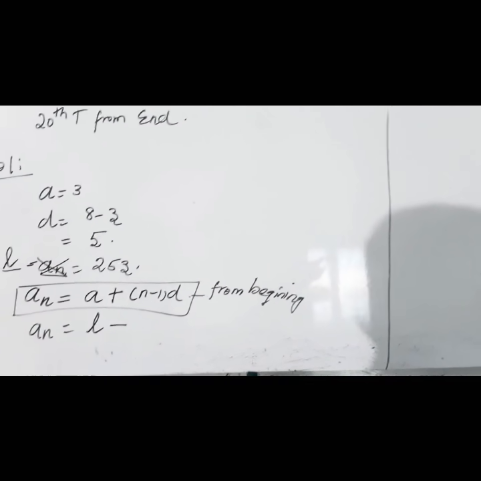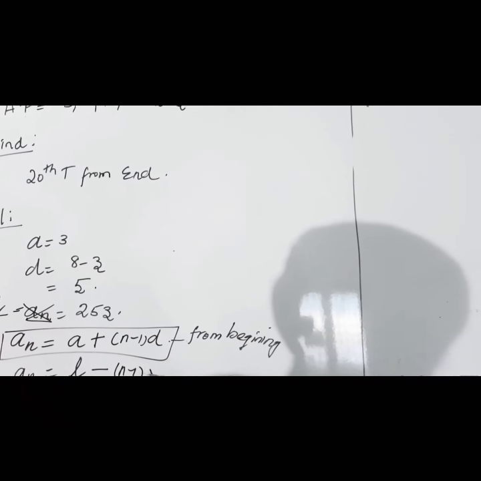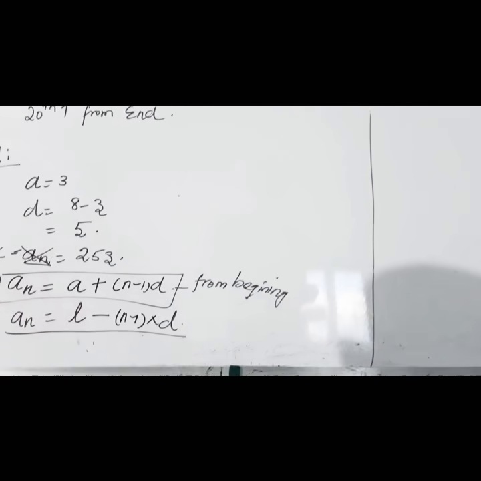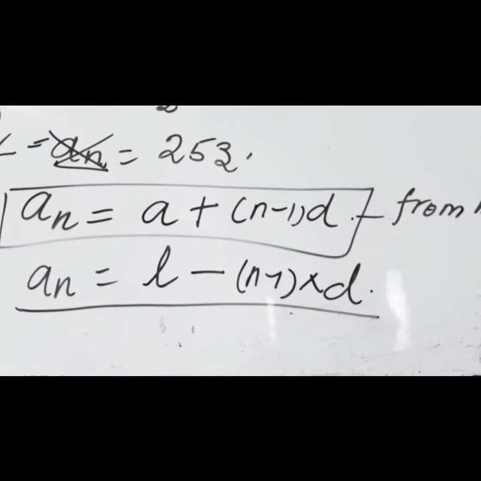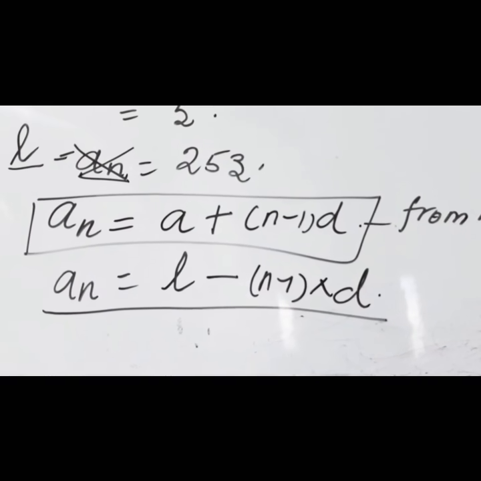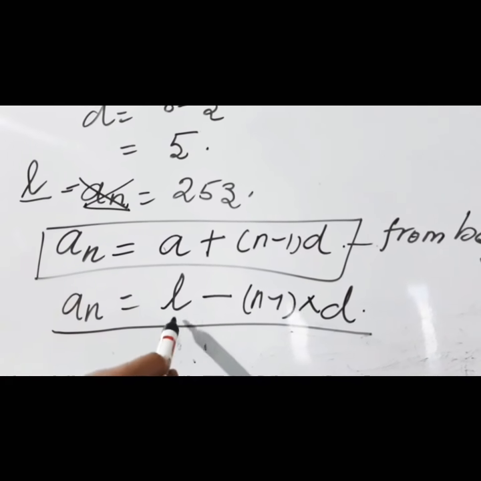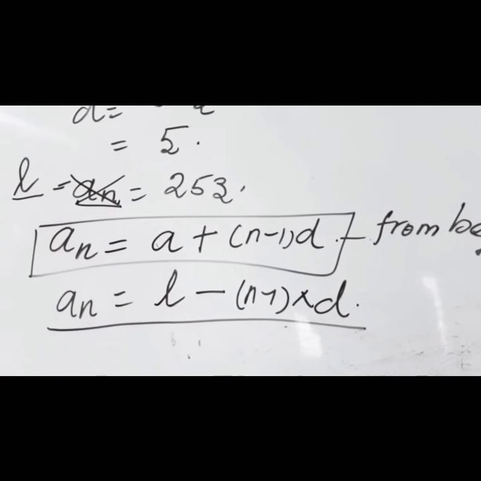Instead of plus, go for subtraction. N will remain the same and D will remain the same. Children, make a note of it, a new formula to find out AN from the last. If you want to find out AN from the last, you will be considering L instead of A: L minus N minus 1 into D.